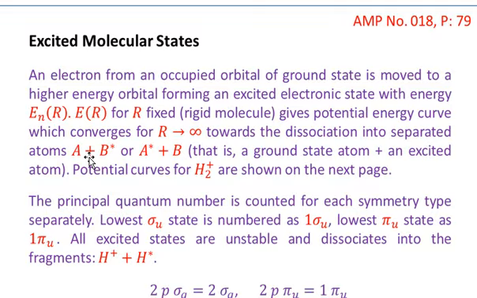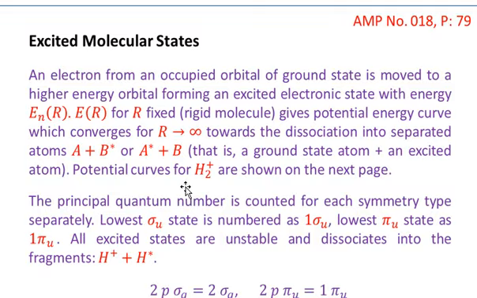So the combination will be A plus B star, where B star stands for the excited B atom, or A star plus B, where A star stands for the excited atom A and B is the neutral atom.